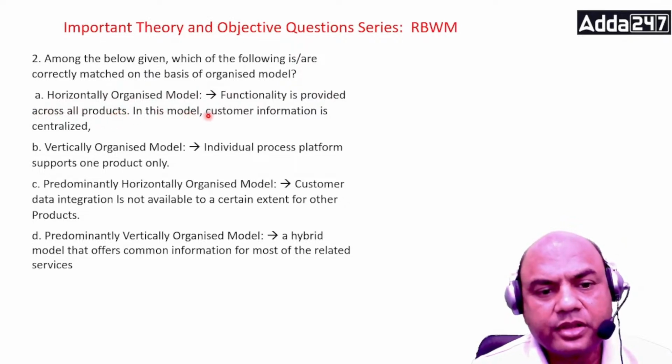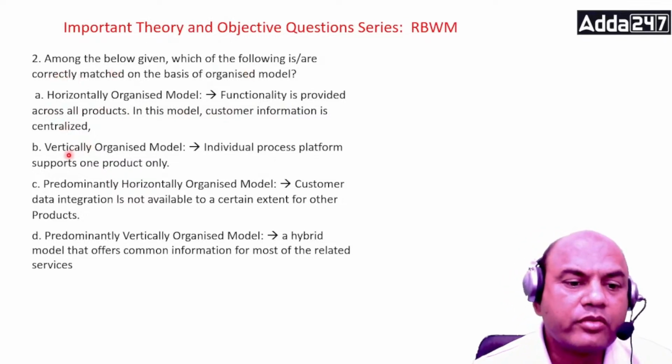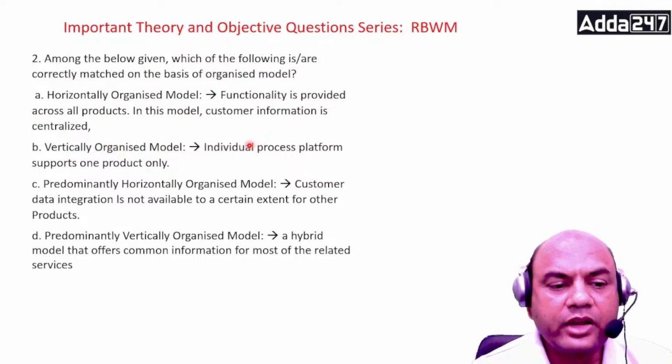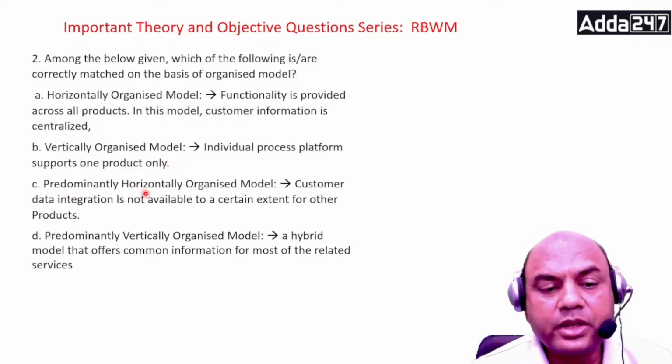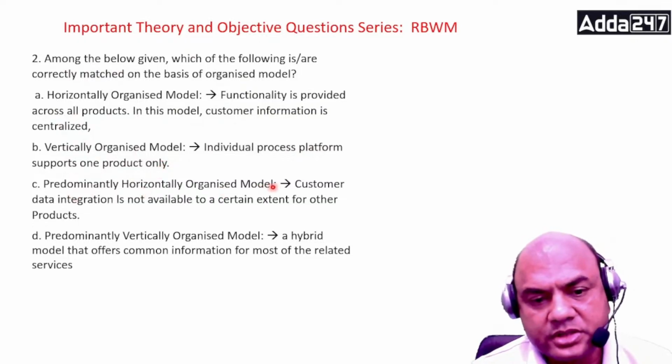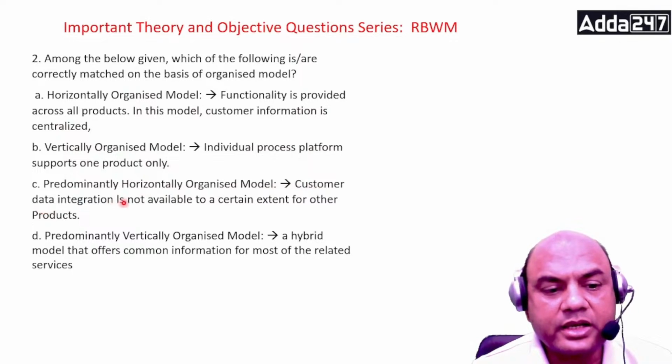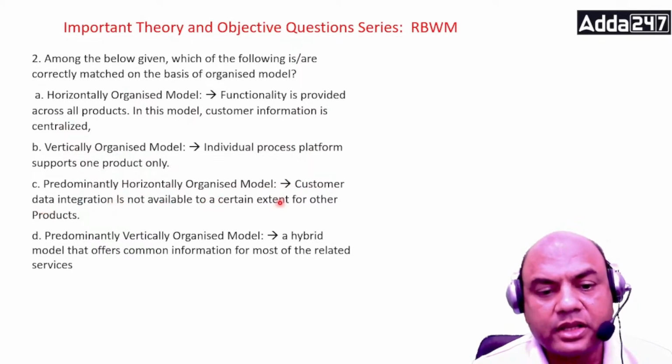In this model, customer information is centralized. Now we want which are correctly matched. Okay, vertically organized model: individual processes and platforms support one product only. Predominantly horizontally organized models: customer data integration is not available to a certain extent for other products.